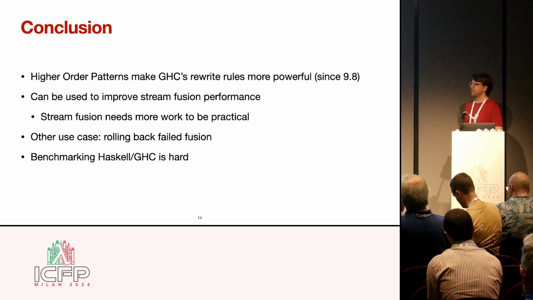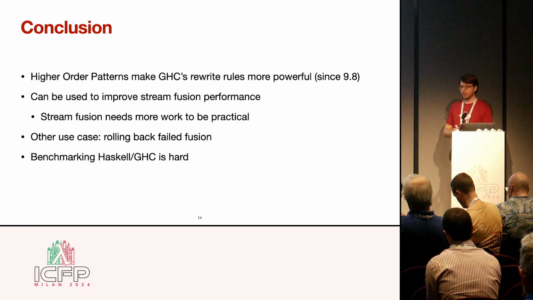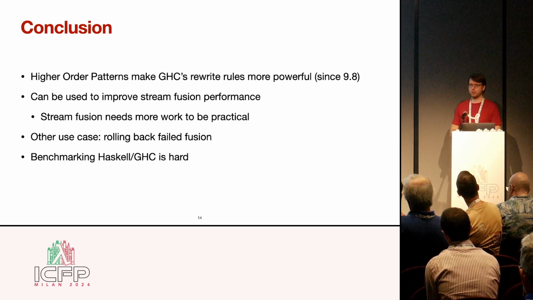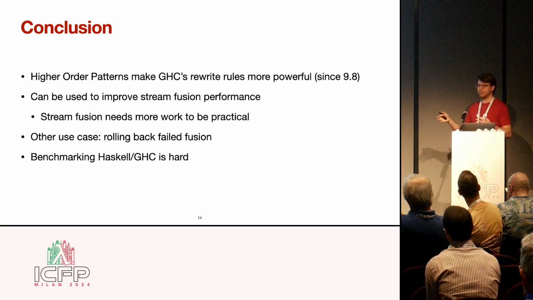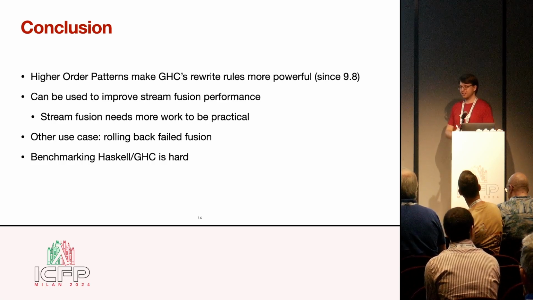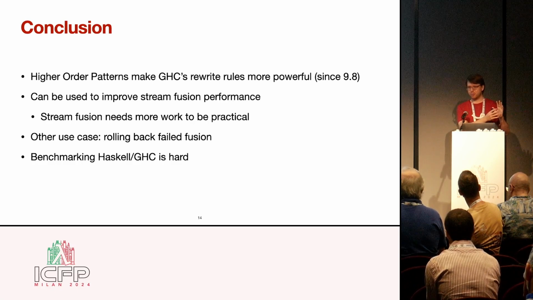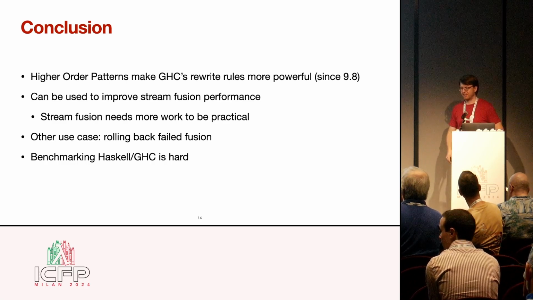And in the paper you can find another use case, which is about rolling back failed fusion. Finally, I want to make a small remark, which is that these benchmarks are really sensitive to GHC's heuristics about inlining. Whenever you improve something in a small part of your program, it may cause some other thing to not be inlined, which prevents a more important optimization.